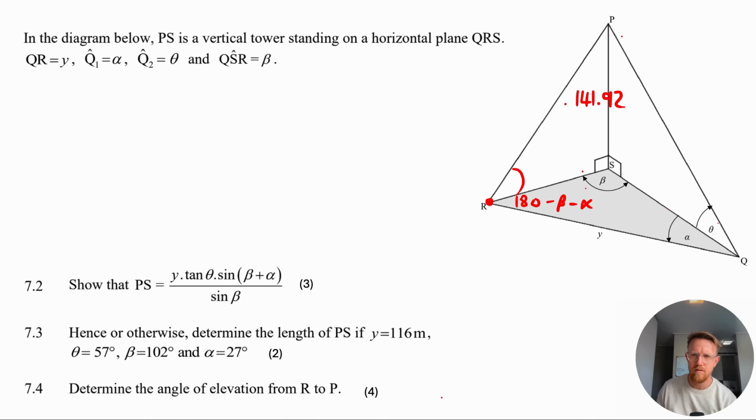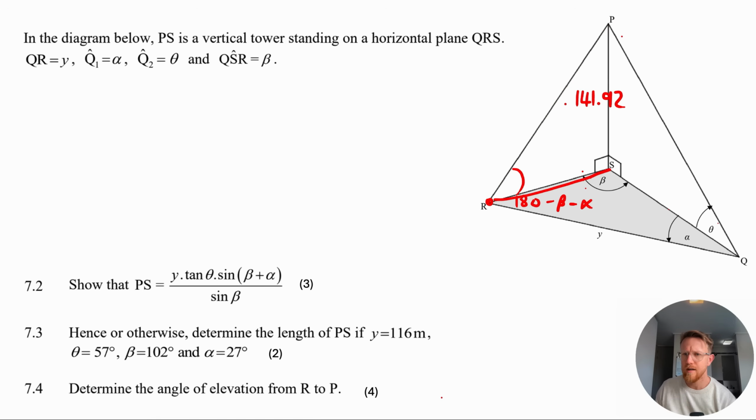And I'm not sure if we're going to have to use these values, but let's just see how it goes. Yeah, we definitely will have to. So we can use this triangle now to help us find this length over here. Because once we have that length, then we can work in this triangle again to find that angle. All right.